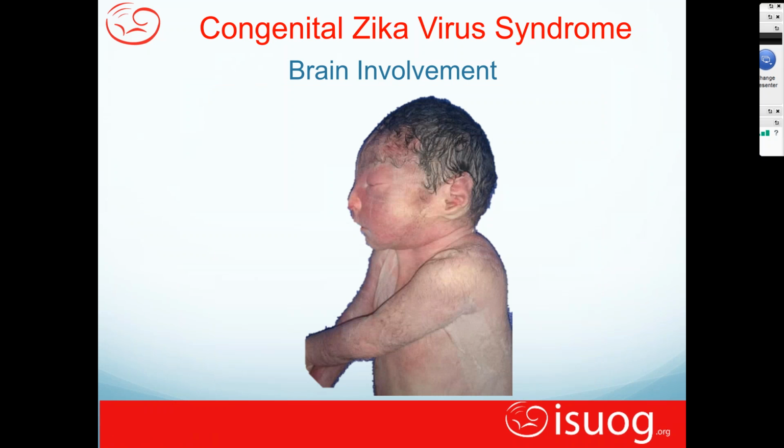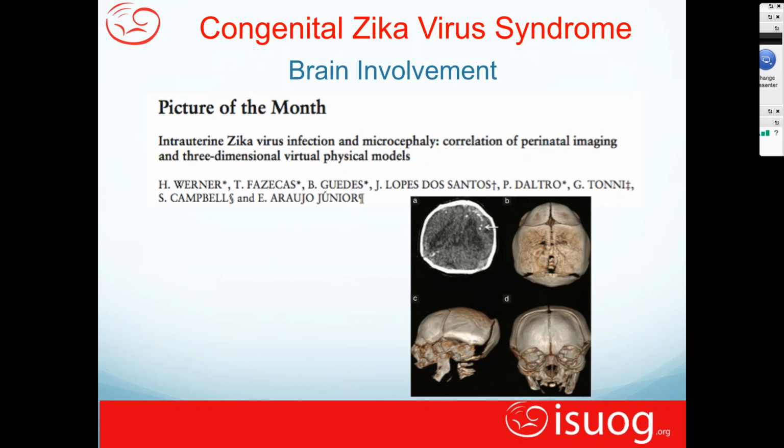So when we look at the brain involvement and we look at what these babies look like, here you can actually see the arthrogryposis, you see the way the hands are almost one over the other with very little movement. This is a picture of the mouth in the ultrasound in OBGYN, and you can see the changes in how the head shape is a flattened head shape, with irregular brain changes that are there.